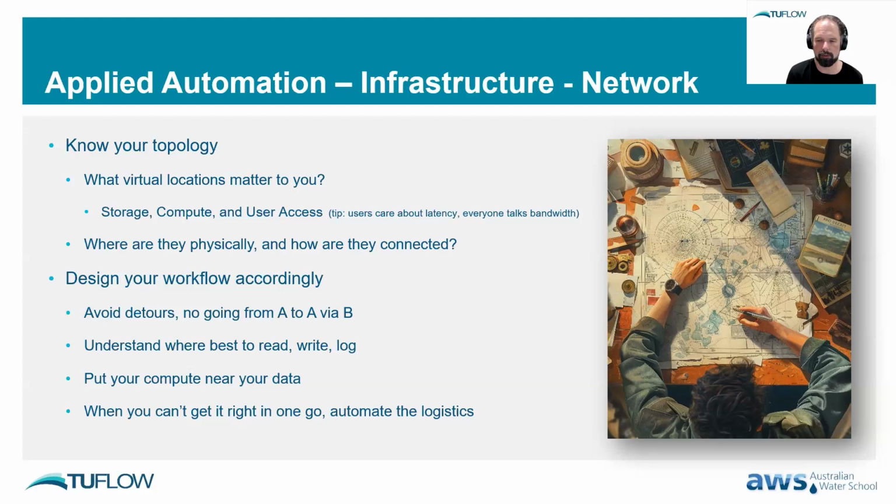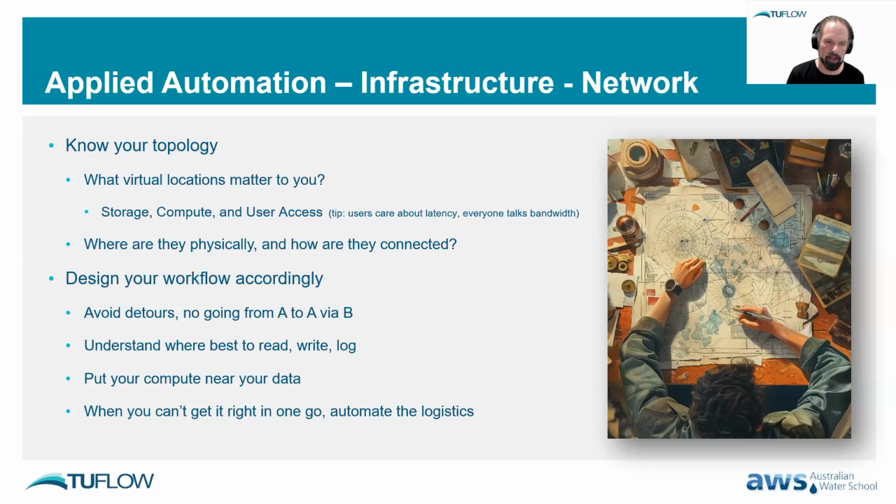Someone might sign into a machine running in Perth, copying a file from one Sydney server to another, not realizing that this pulls data from A to B all the way back to A twice across the continent. It's very inefficient. In your automation, consider where the automation is running, where is it getting its data, where is it moving its data, and how can you put your automation closer to your data. And in general, put your compute near your data.